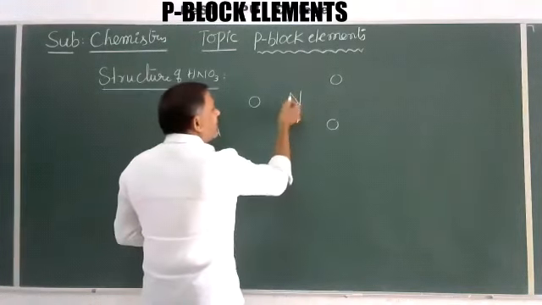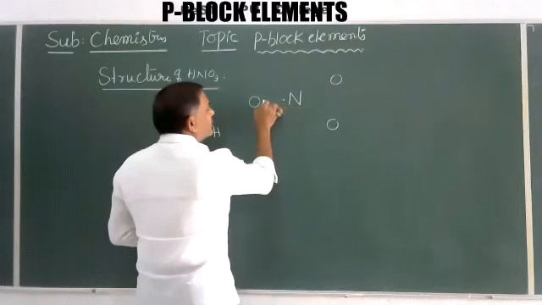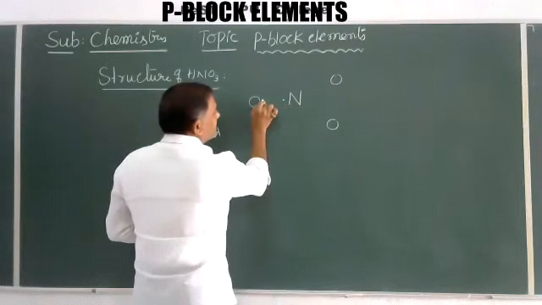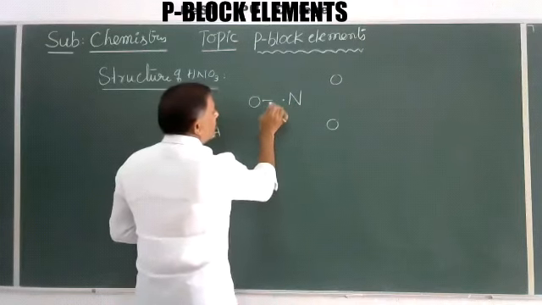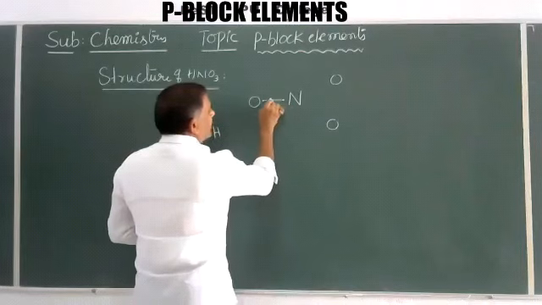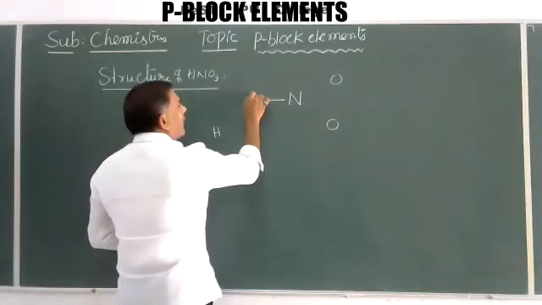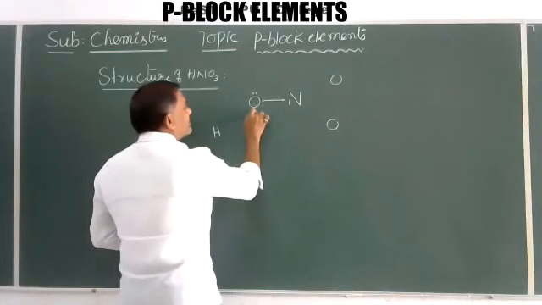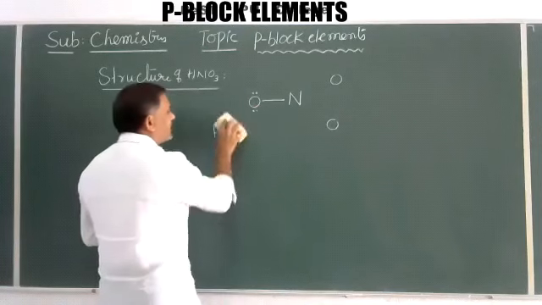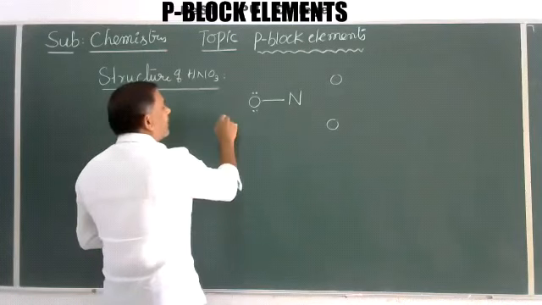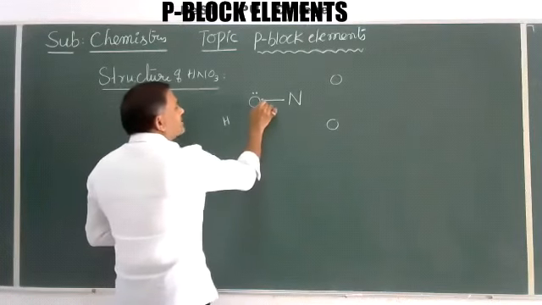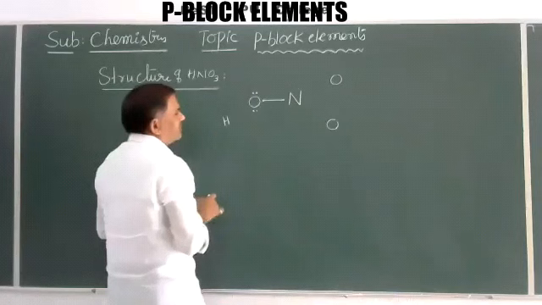Now among 5, 1 electron is bonded with oxygen. It forms one covalent bond, a sigma covalent bond. On the oxygen atom, 6 valence electrons are there. Out of 6 valence electrons, 1 is bonded with the nitrogen.